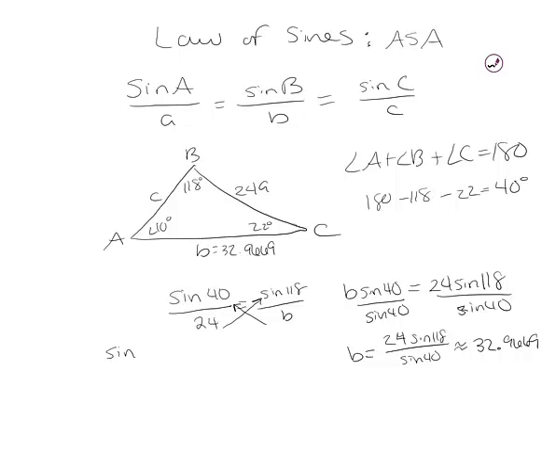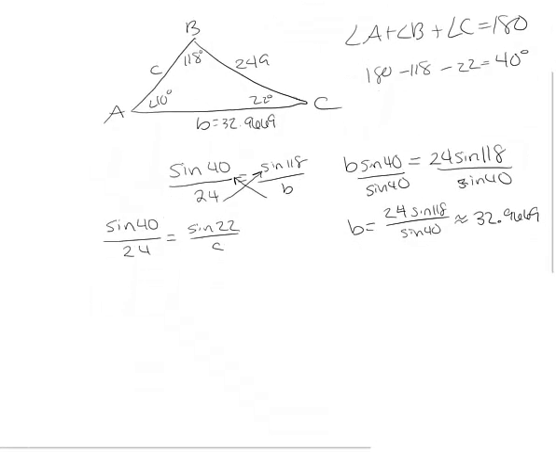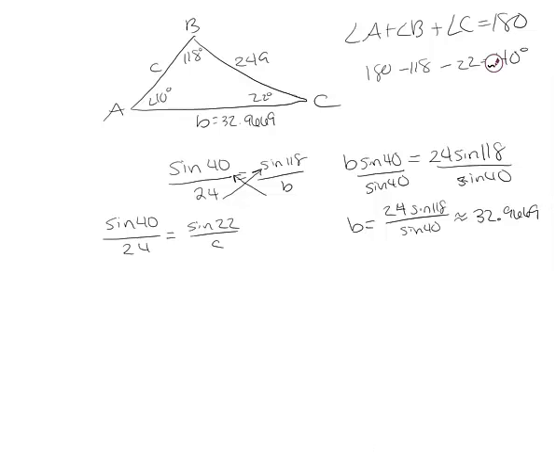So the sine of 40 degrees divided by 24 is equal to the sine of 22, sine of C, divided by little c. We'll do it by the same process, cross multiplication. So c sine of 40 is equal to 24 sine of 22. To get c by itself, we'll need to divide by the sine of 40.